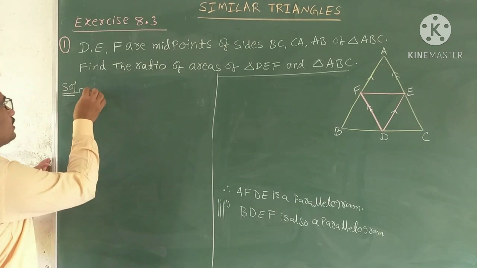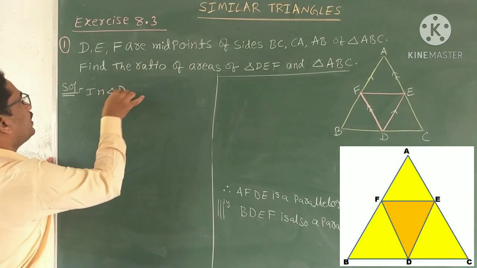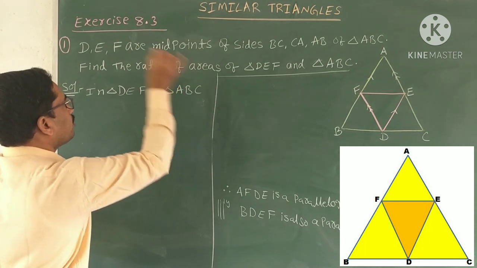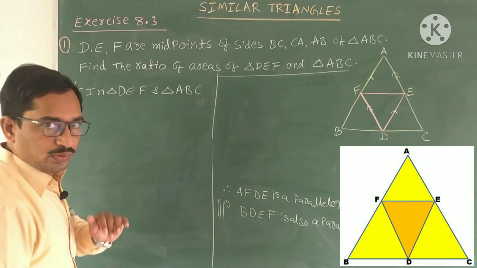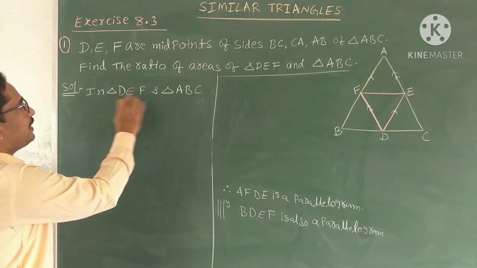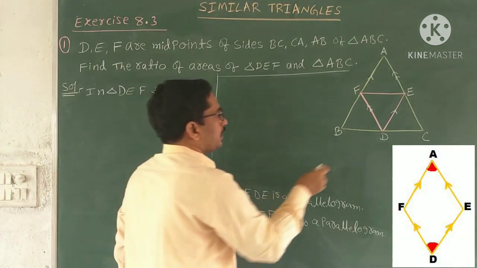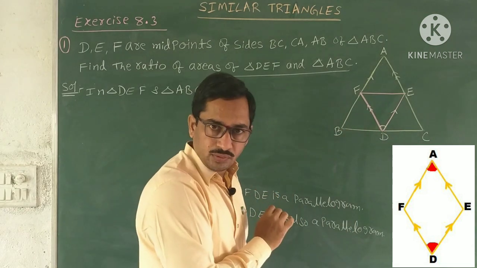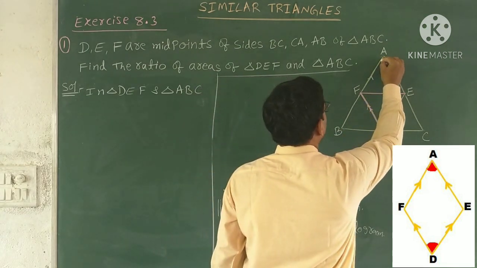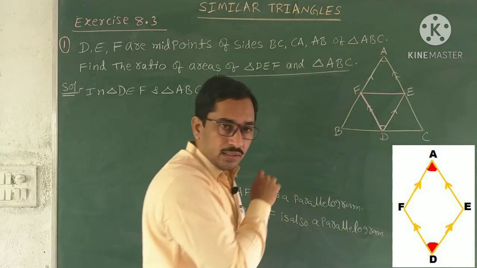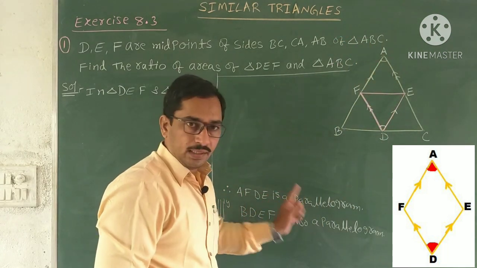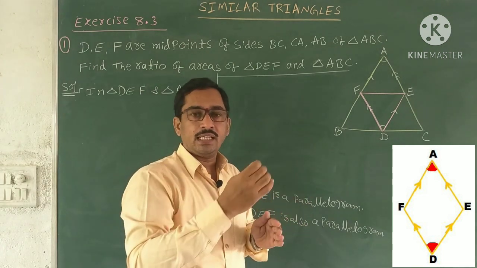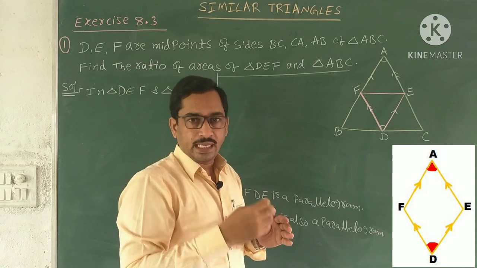Now select the triangles. In triangle DEF and triangle ABC, prove these two triangles are similar. See how to prove these two triangles are similar. In triangle DEF and triangle ABC, see here the angle at D is equal to angle at A. Why are these two angles equal? Here AFDE is a parallelogram. In a parallelogram, opposite angles are equal. Opposite sides are parallel. In the same way, opposite angles are also equal.